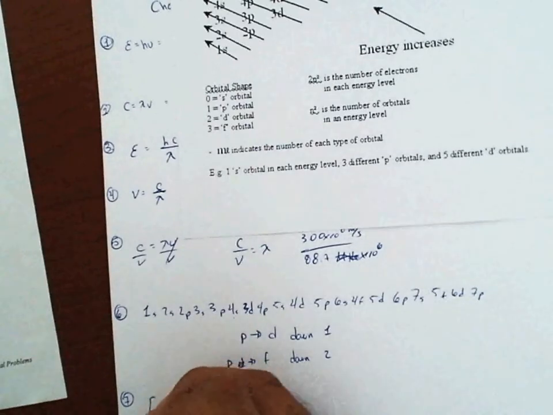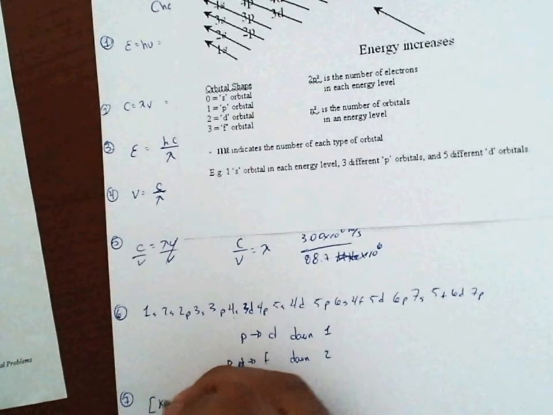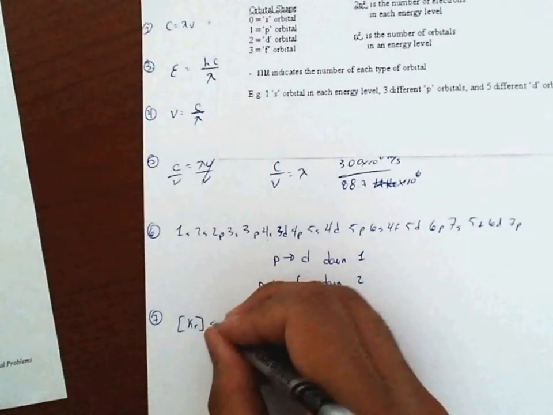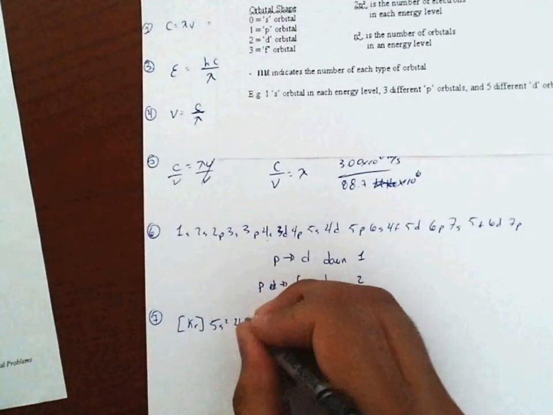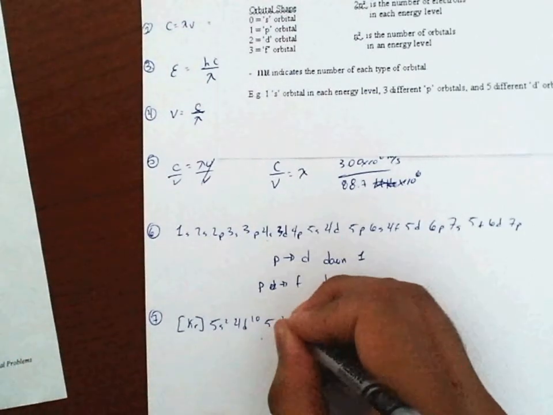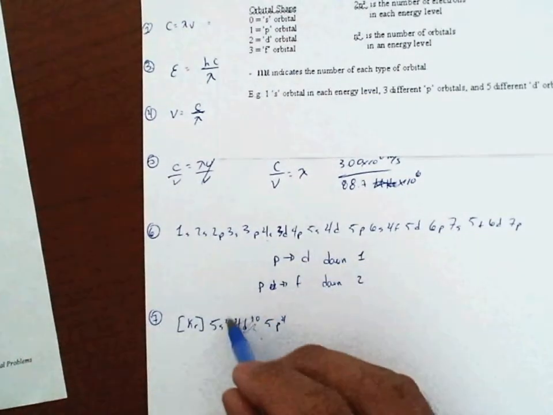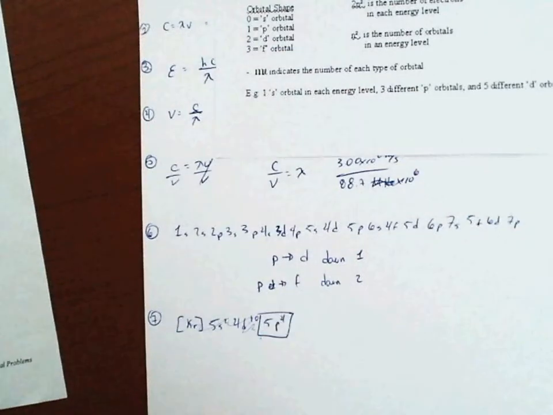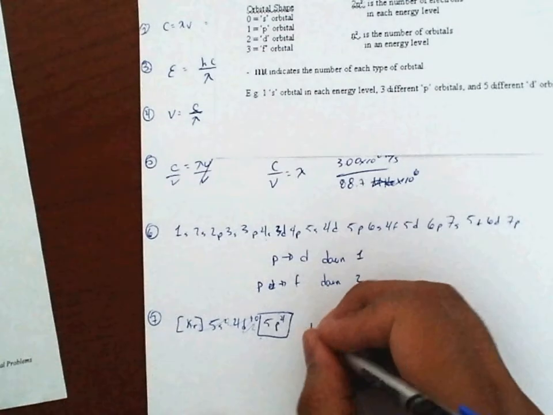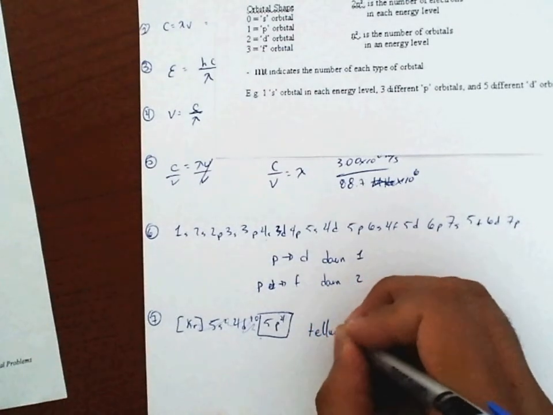Number 7, you look at the problem. It's telling you which element this is. We have krypton, 5s2, 4d10, 5p4. I don't have to look at all this. I can just tell you that in the 5th period, in the p column, the 4th element is tellurium.